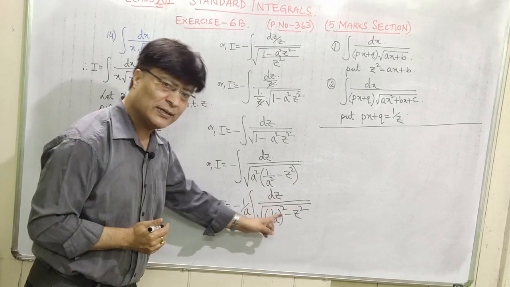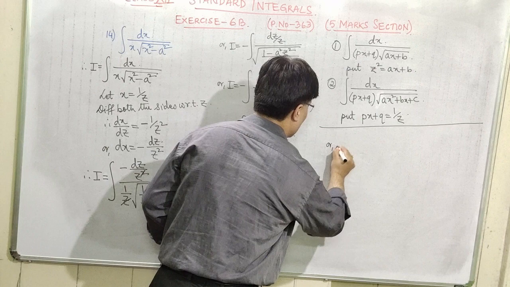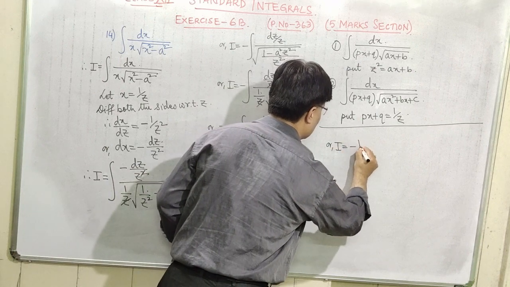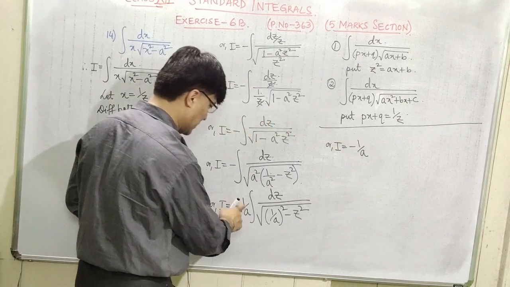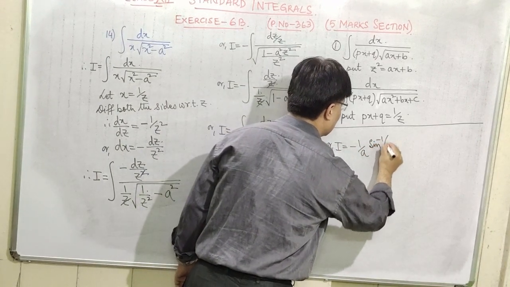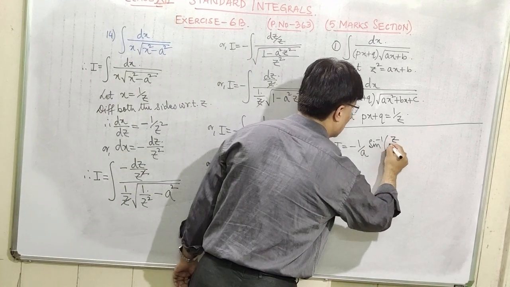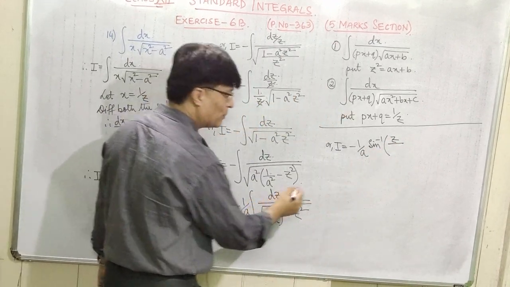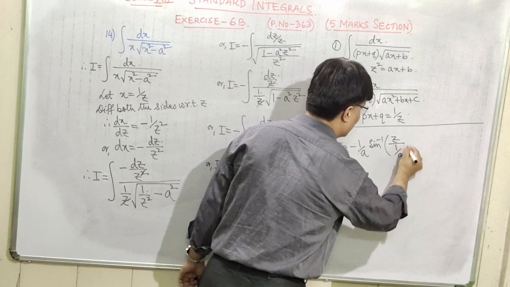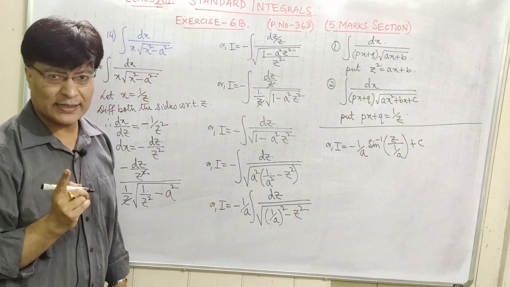Here x is z and what is a? 1 upon a. So let us write here, I is equal to minus 1 upon a, then you have to write sine inverse x by a. What is x? z divided by what is a? 1 upon a, bracket closed, plus c.